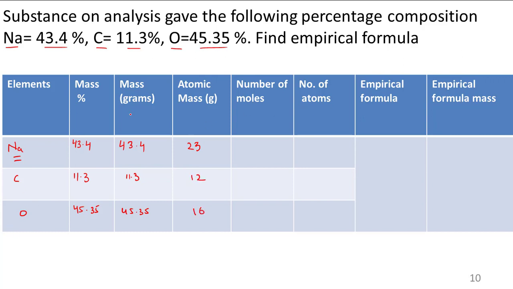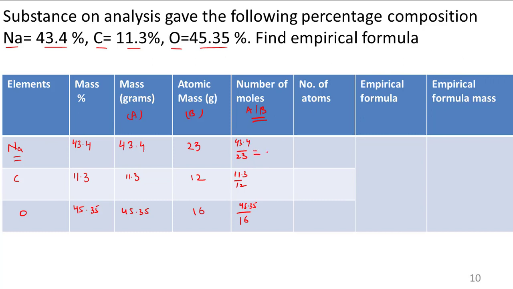Now the number of moles is mass divided by atomic mass. So 43.4 divided by 23, 11.3 divided by 12, 45.35 divided by 16.